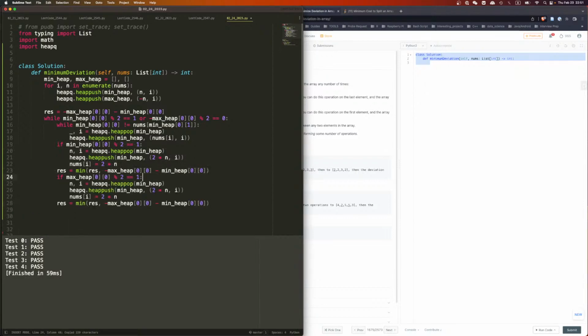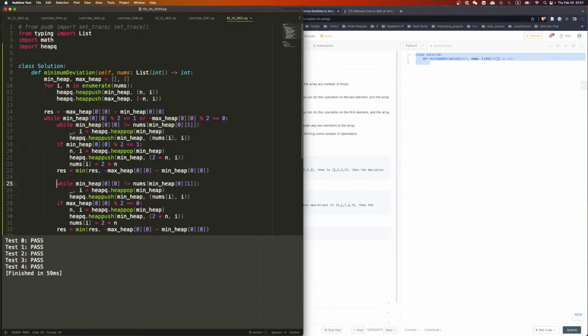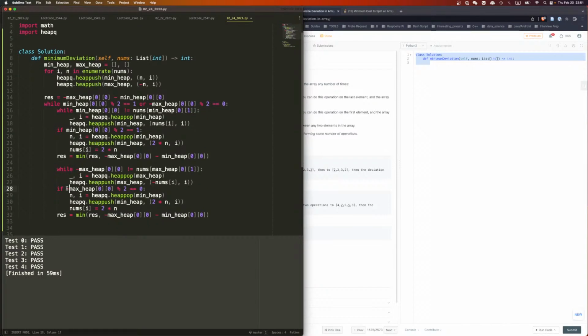We say max heap, if it's equal to 0. Oh, hold on, I need to do this one as well. Cycle the max heap. Okay, so while max heap is not equal to this, we heappush the max heap with minus, and then we say if this is equal to 0, then n equals this, and then we push n divided by 2.